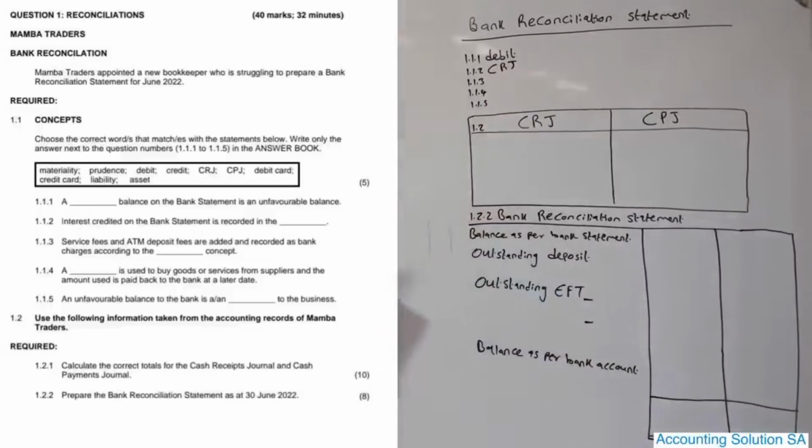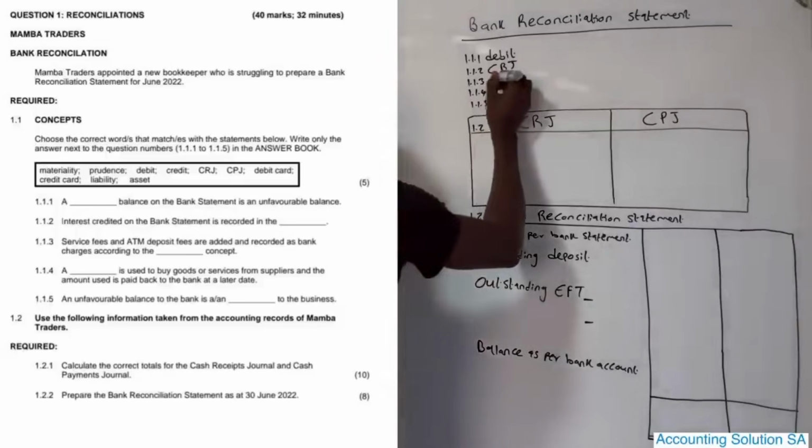Interest income is a cash receipt journal. Then they said a service fee and ATM deposit fee are added and recorded as a bank charge. They are not recorded separately because of the materiality concept.